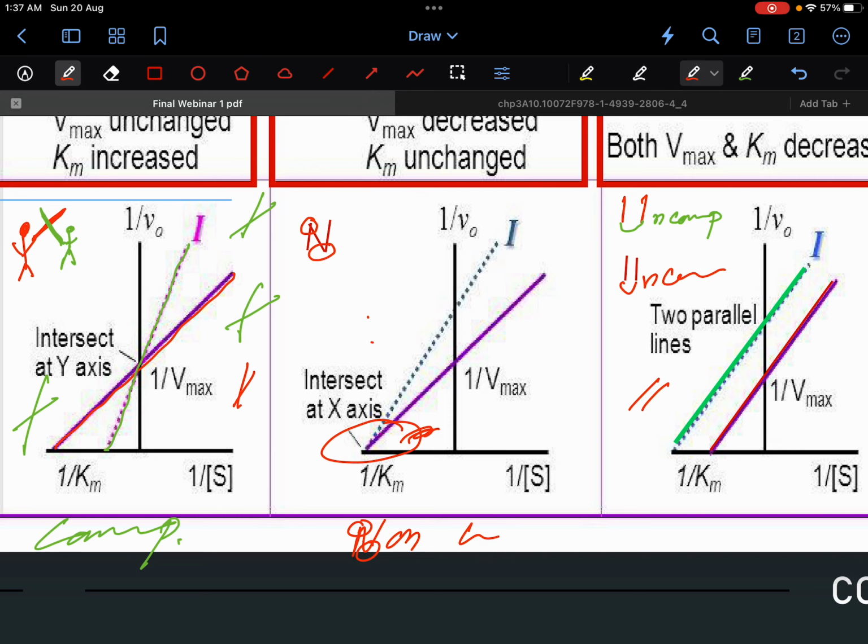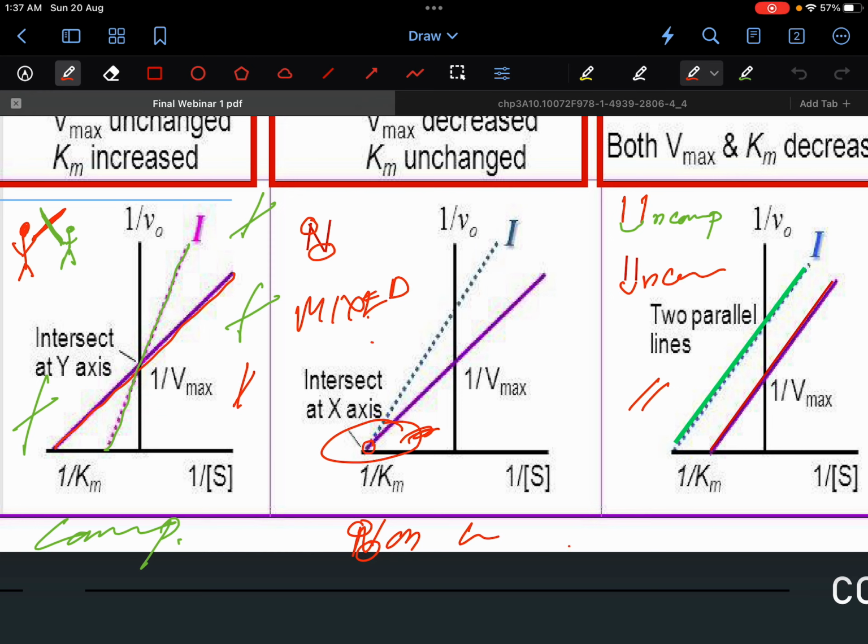Now I told you that this is like mixed inhibition, and a special case of mixed inhibition is competitive inhibition. In mixed inhibition, the point of merging is not here, they will merge somewhere like this.